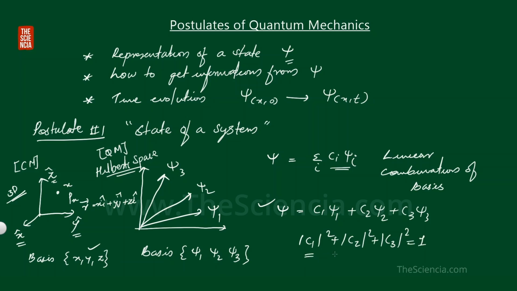Because these are the probabilities of finding the particle in various states. Therefore, the total probability of finding the particle should be equal to 1. This condition is called normalization. So only the normalized wave function can represent the physical particle.